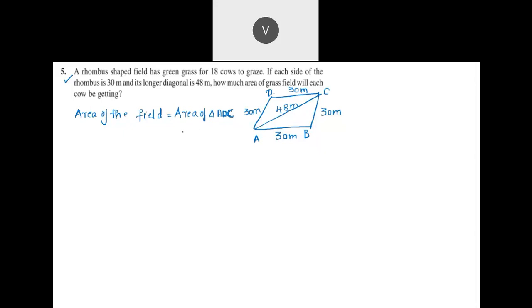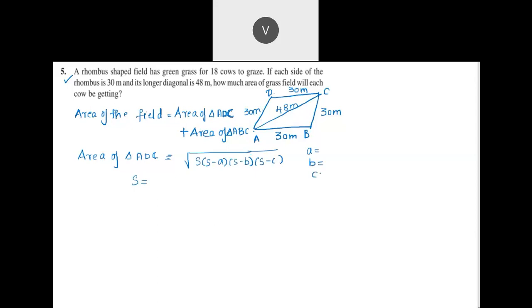So first we will find the area of triangle ADC using Heron's. Area of triangle ADC is equal to, what is the formula? Square root of S into S minus A into S minus B into S minus C. What is the S value? Before that, what are the A value, B value, and C value?